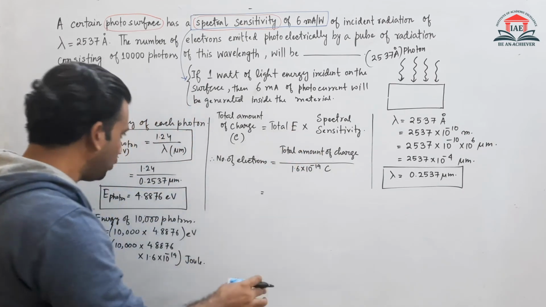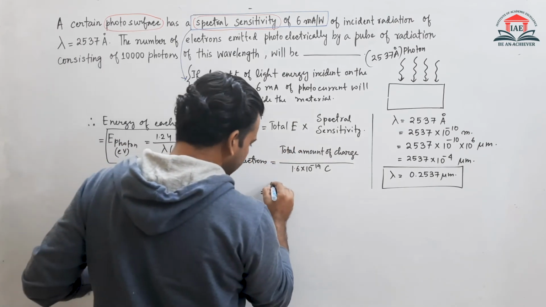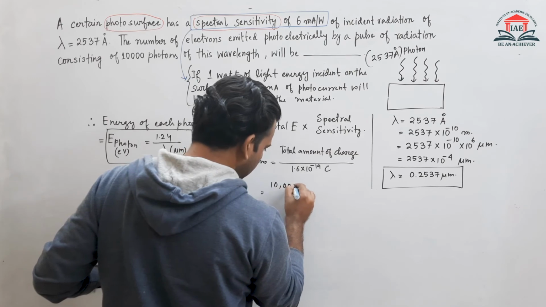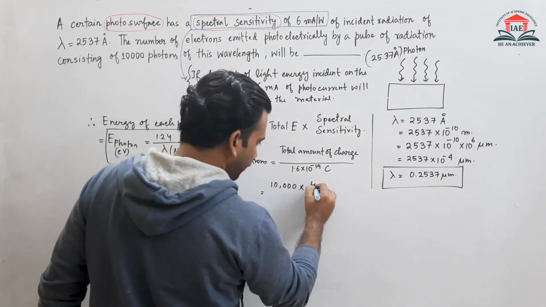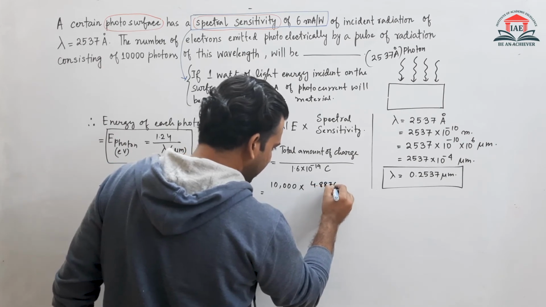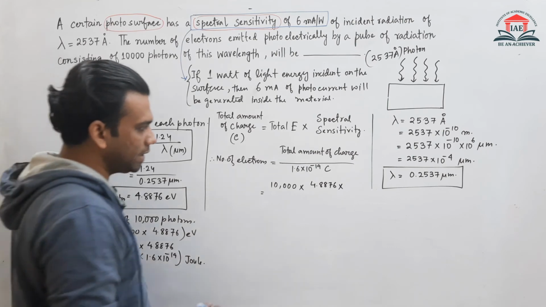What is the total energy? 10,000 into 4.8876 into 1.6 into 10 to the power minus 19.